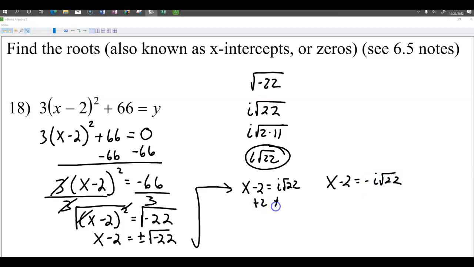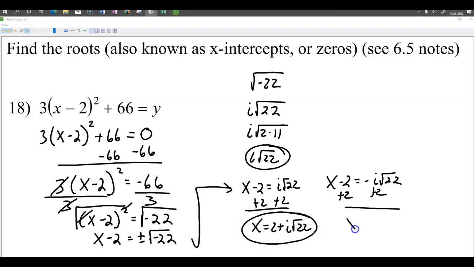I'm going to add 2 to both of these equations here. And we get x equals 2 plus i root 22. And we get x equals 2 minus i root 22.